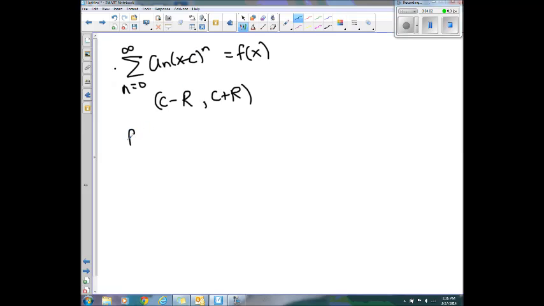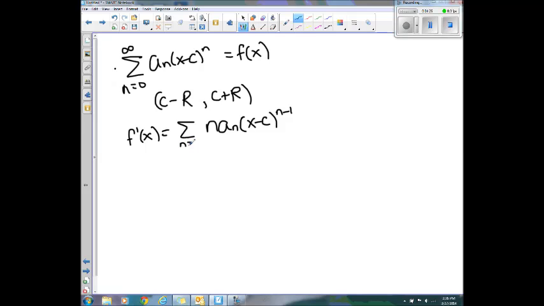So if I want to take the derivative of a power series, I can do that. When I take the derivative, I bring the power down, times the whole thing to the 1 less power, times the derivative of what's inside, which is just going to be a 1.